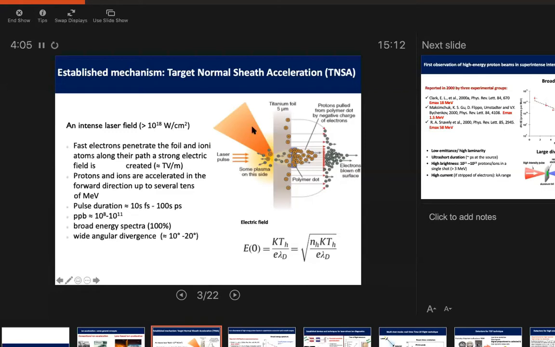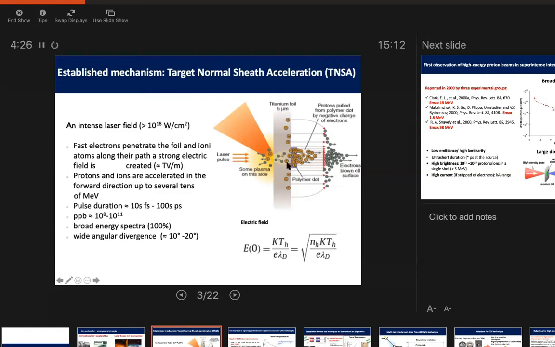And as already said, you have your laser pulse, which typically has a very short duration, from picoseconds down to tens of femtoseconds.